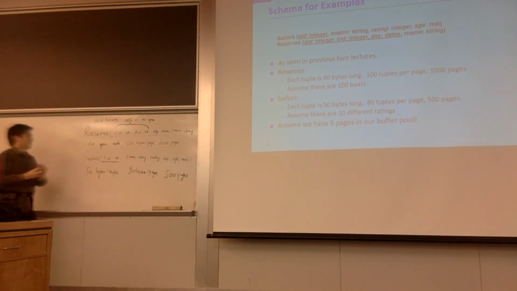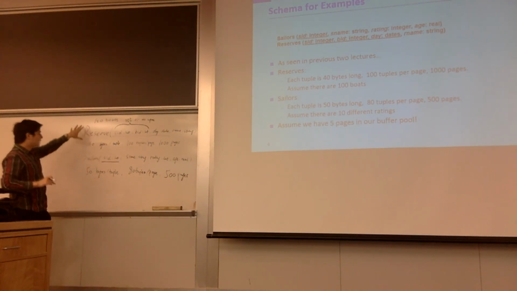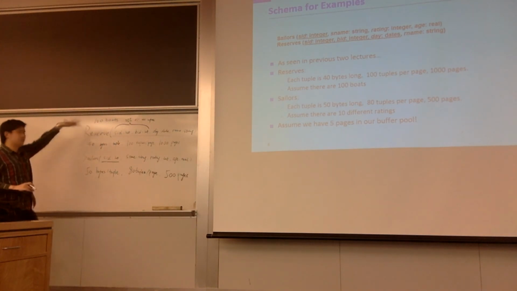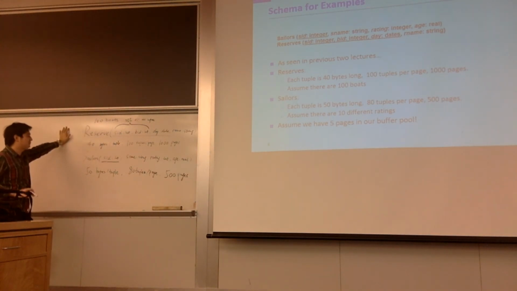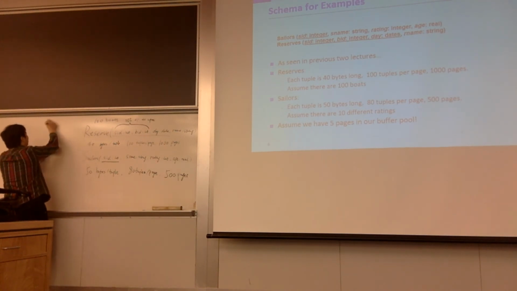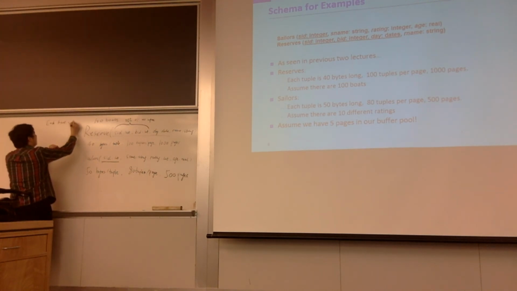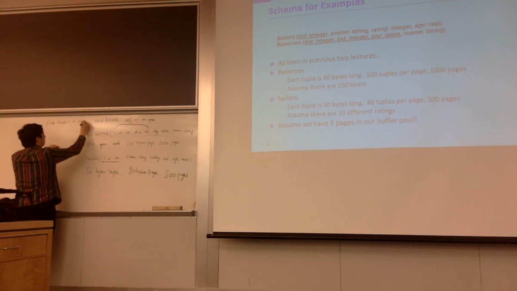If we assume uniformity among the votes, then you have roughly a thousand tuples per vote, so for each vote we will have roughly 10 pages in reserves.